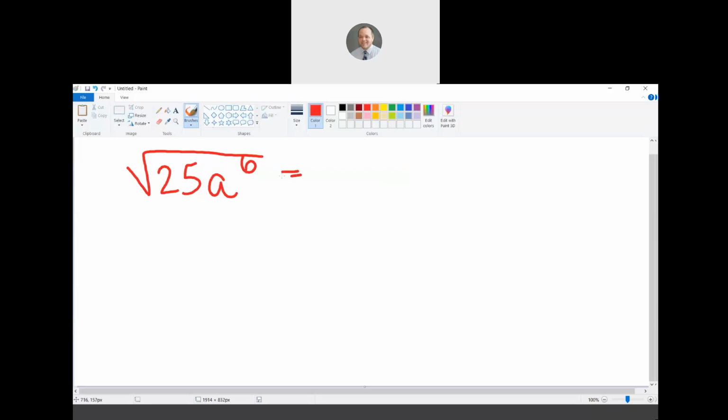That's equal to 5. And to simplify the a, take the given root, which is understood to be 2, and divide it into 6. So 2 can go into 6 3 times with a 0 remainder.